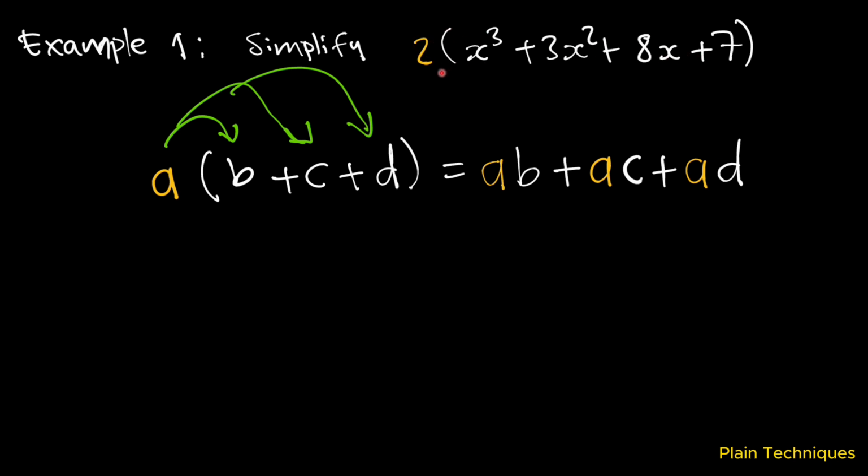All right, now when you are given an expression like this, the expectation is to multiply whatever is inside of these two brackets by the number that is outside the bracket, right? Now 2 will multiply x cubed. 2 will therefore multiply 3x squared, so on and so forth.